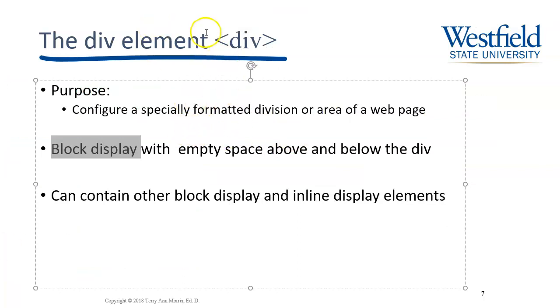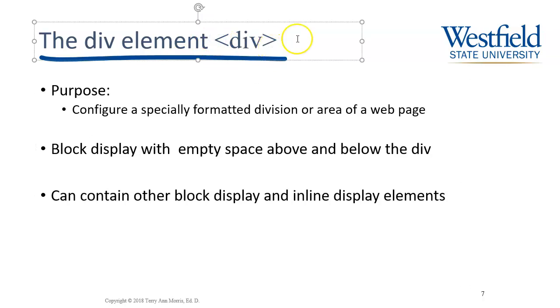And one thing to keep in mind is that div and span elements can contain other elements as long as they're nested properly, and they can be empty just like other elements.